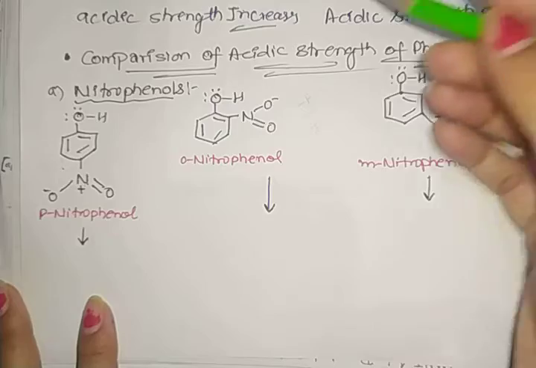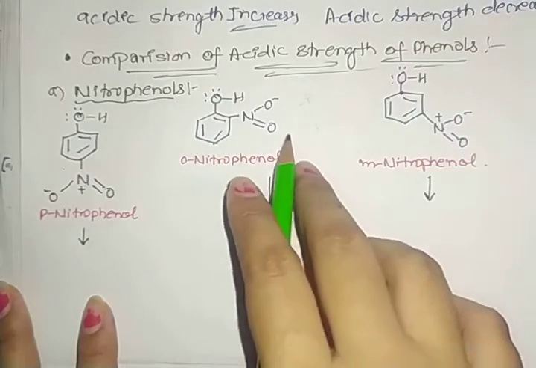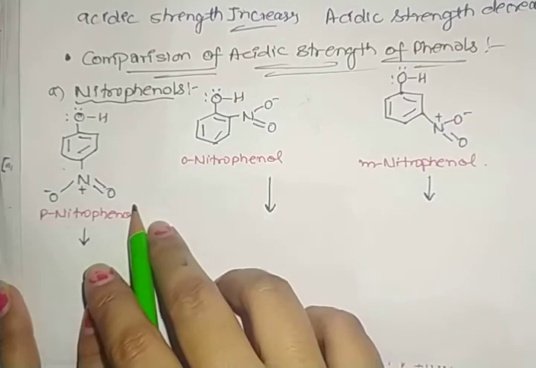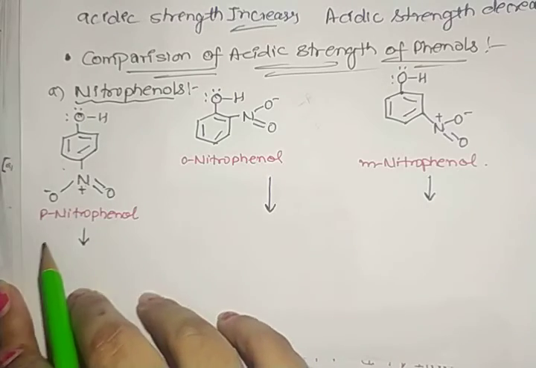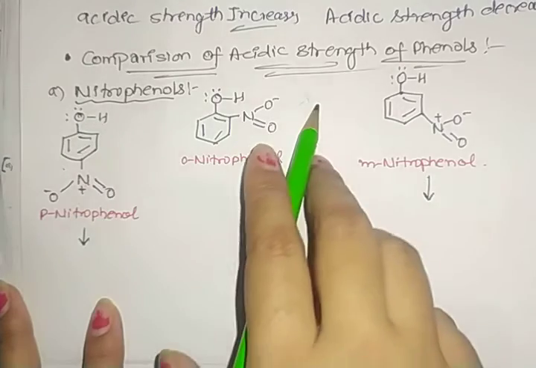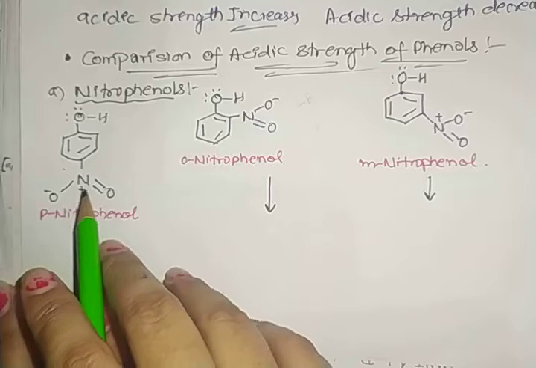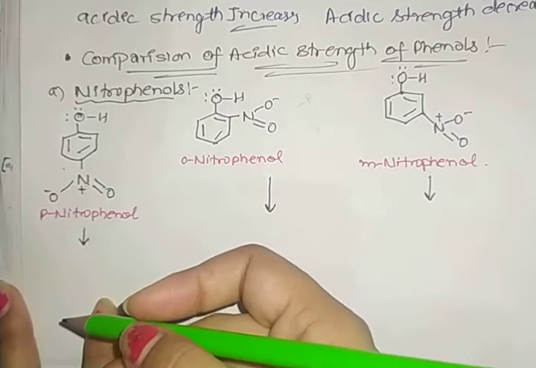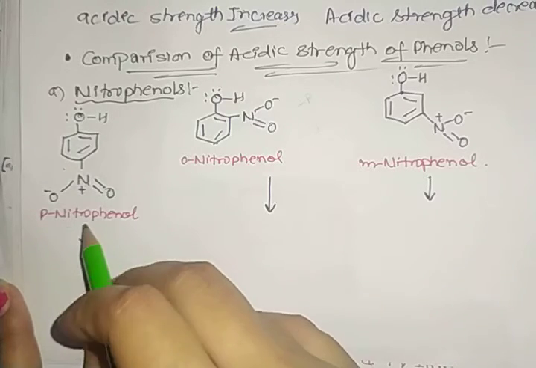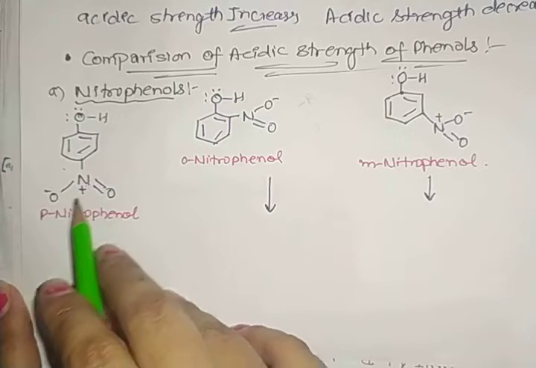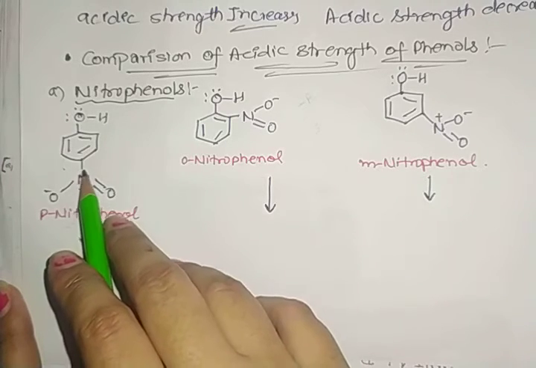So these two effects are in the nitro group. But the minus R effect is stronger as compared to the minus I effect, because of the strong electron withdrawing nature of NO2. Clear?